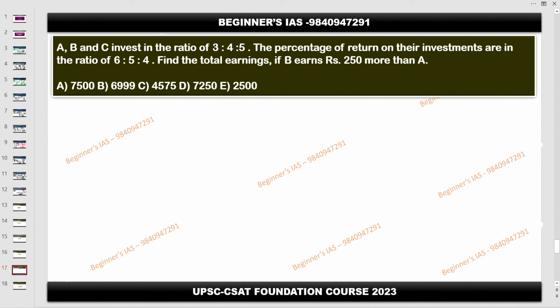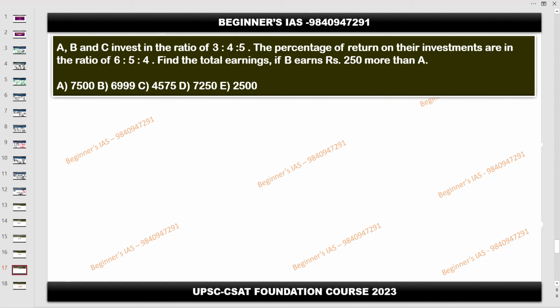So A, B, C invested in the ratio 3:4:5. The percentage of the return on their investment are in the ratio 6:5:4. Find the total earnings if B earns rupees 250 more than A. Okay.